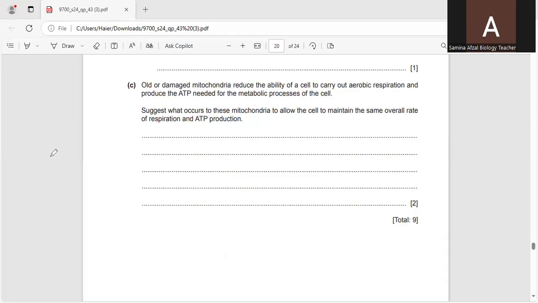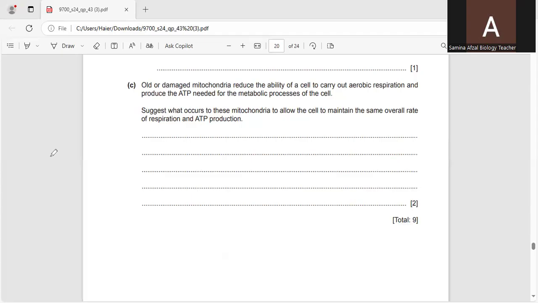To maintain cellular function, cells have evolved mechanisms to deal with these compromised organelles. First of all, there is a cellular process where damaged mitochondria are targeted for degradation by autophagy, and they are fused with the lysosomes.